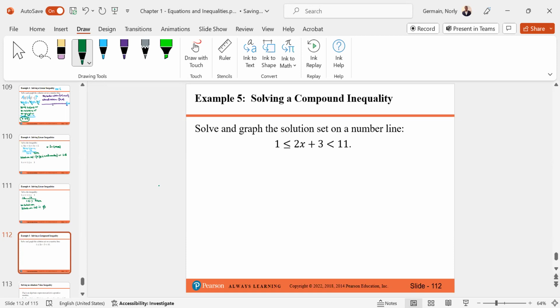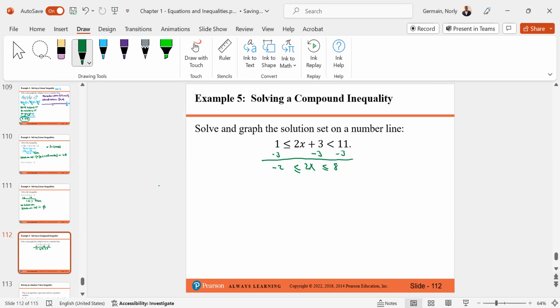So how to do that? First of all, subtract 3 from everywhere. So we have only 2x in the middle. And that gives you -2. That gives you 8. After you do that, you isolate x in the middle, right? We do this by first subtracting 3 from all 3 parts of the compound inequality.